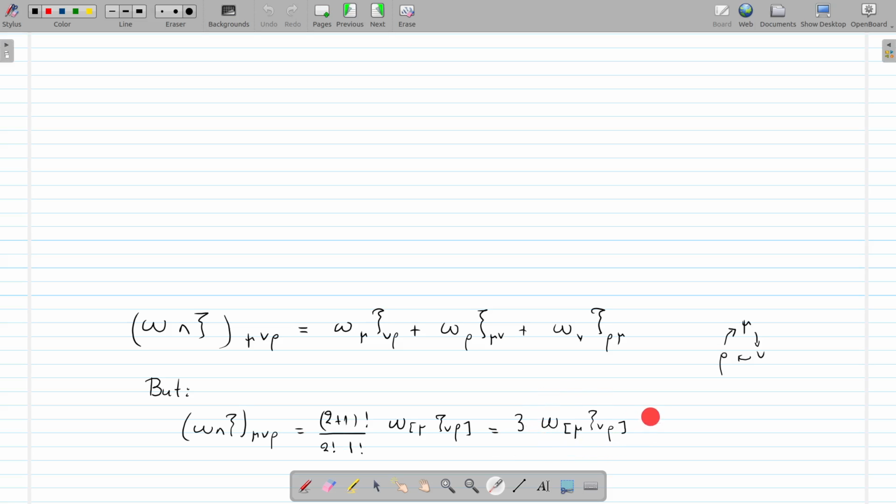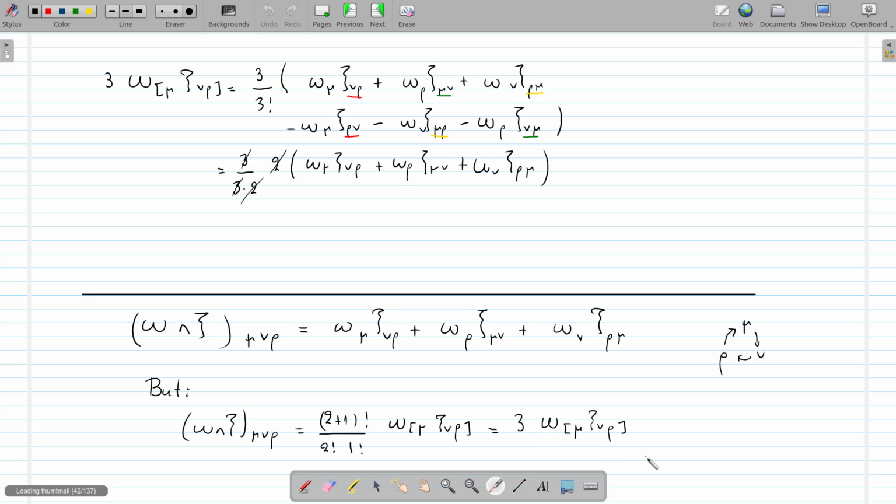And this is the product of the components of omega and xi with the indices antisymmetrized. So the antisymmetrization of indices entails a 3 factorial here in the denominator. Now we write all possible permutations of the indices, but with the sign of the permutation.